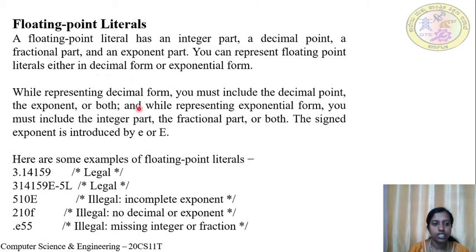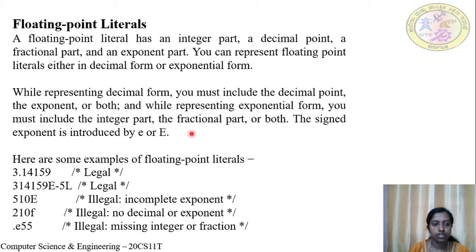While representing decimal form, you must include the decimal point, the exponent or both. And while representing exponential form, you must include the integer part, the fractional part or both.